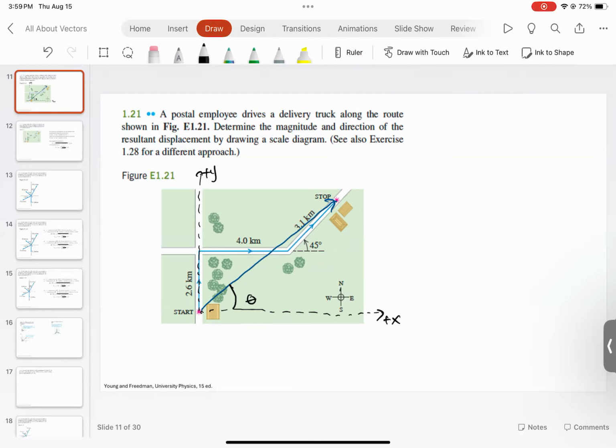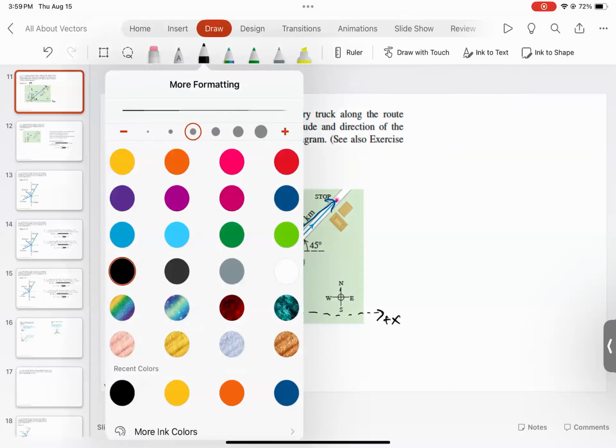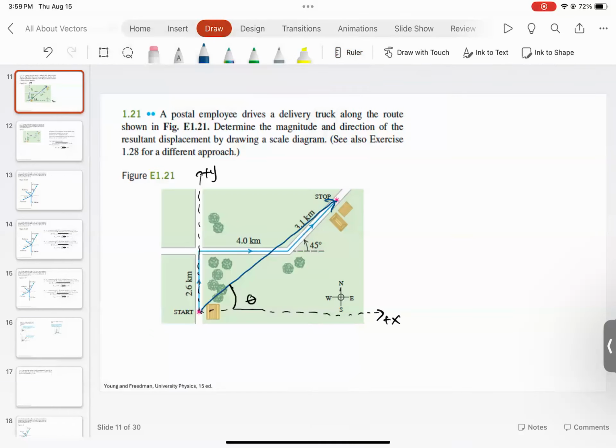So horizontally, ano-ano yung mga displacements? So may displacement ka na 4 kilometers, dahil dito sa vector na ito.